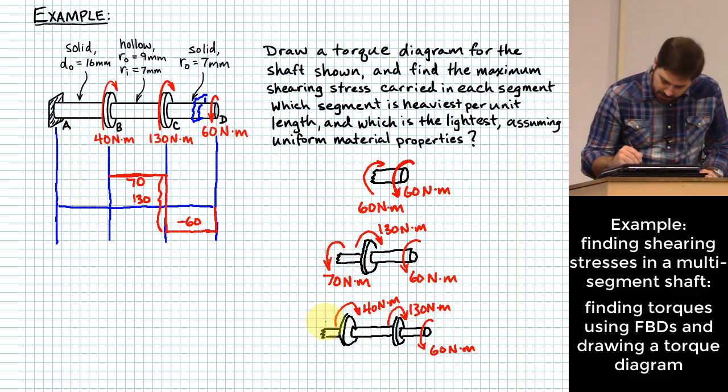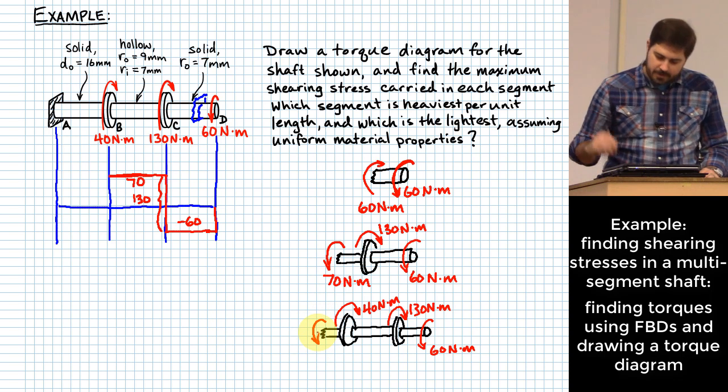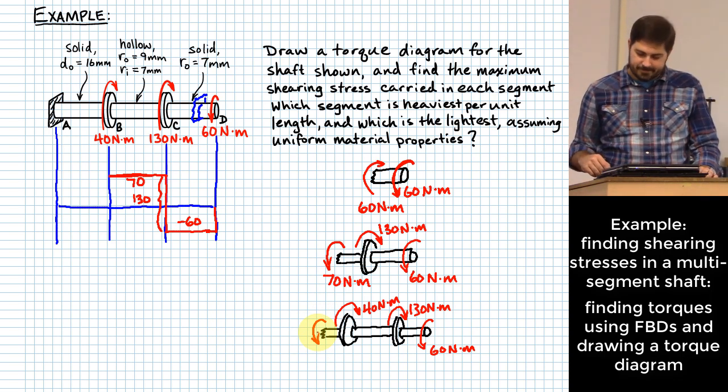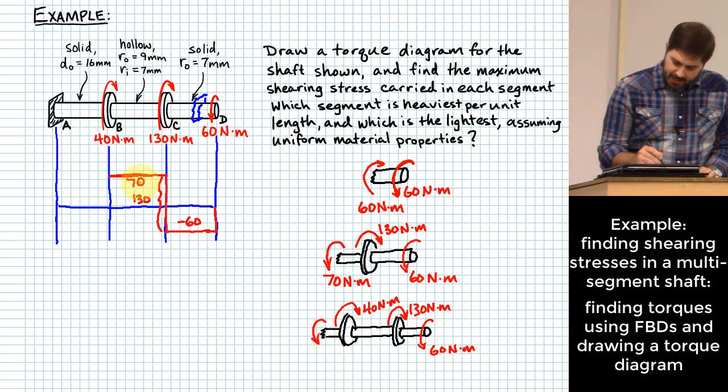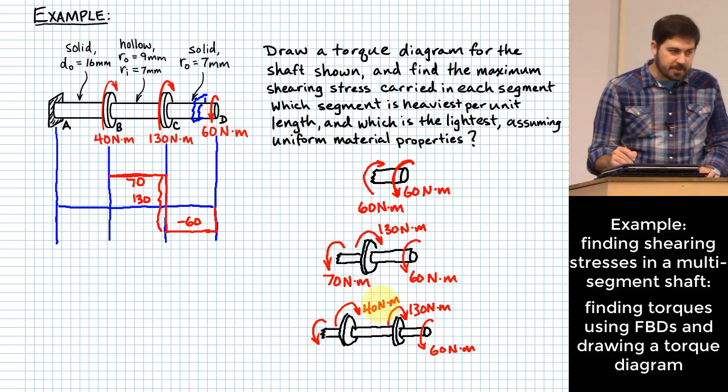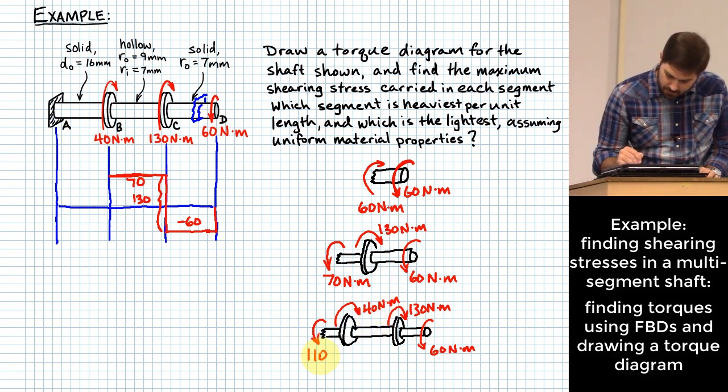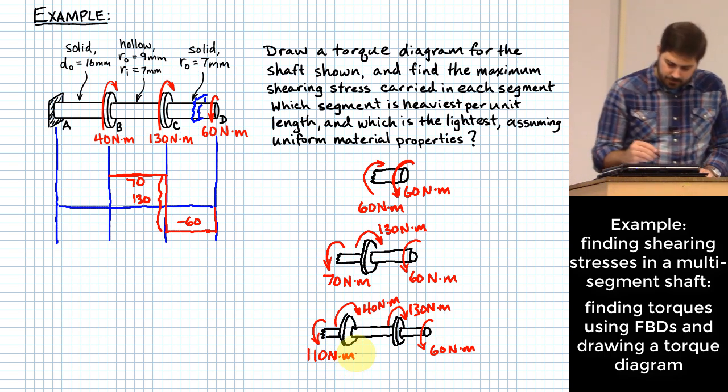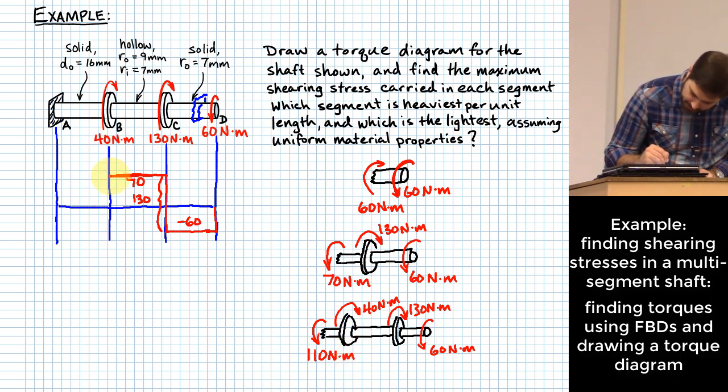Which means that we have to react over here with how much? Yeah, 70 plus 40 gives us 110 Newton meters. Okay? So that would be approximately up here like this.